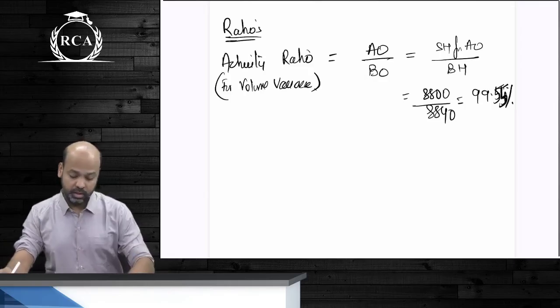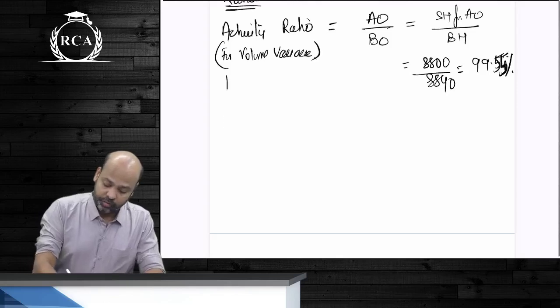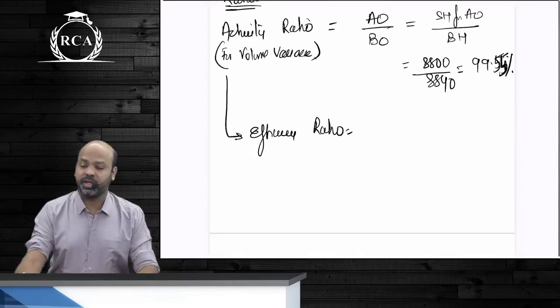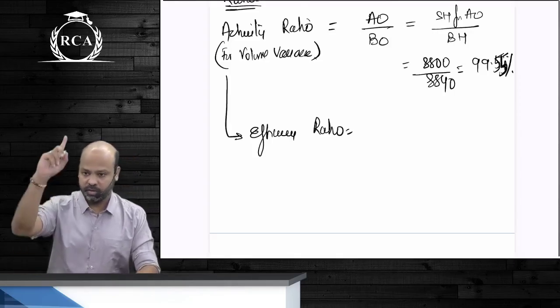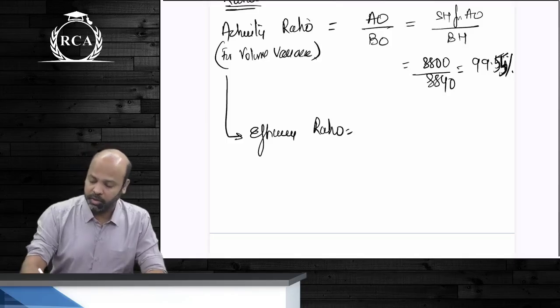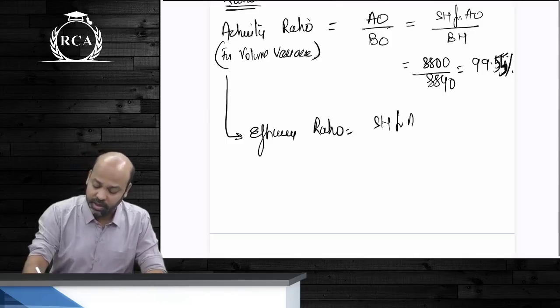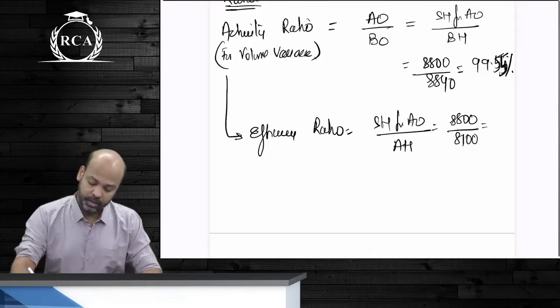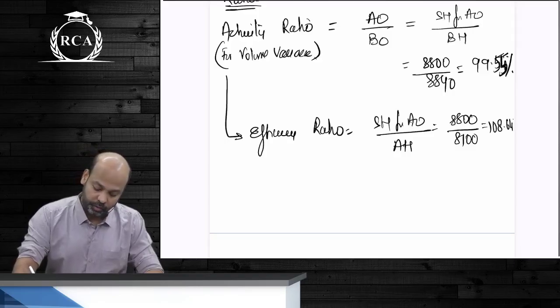Are we clear? This activity ratio we divide into two parts. One is efficiency ratio, which you guys are experts in. We did efficiency ratio yesterday also in one of the questions, guys. Standard hours for actual output divided by actual hours: 8,800 divided by 8,100. Our efficiency is 108.64%.